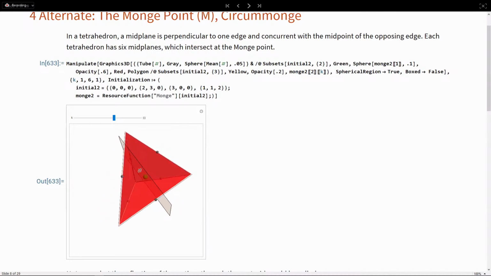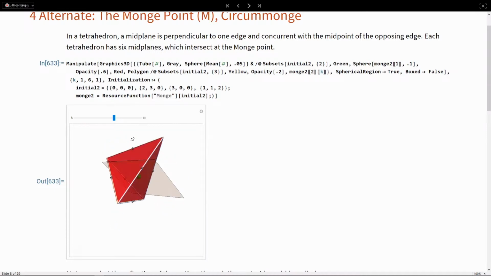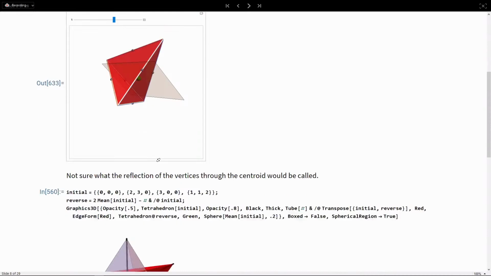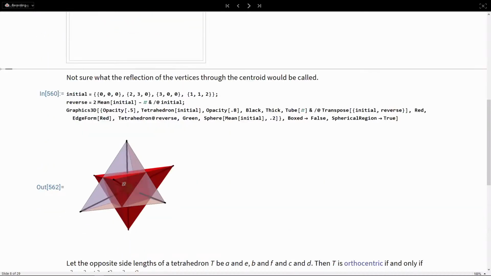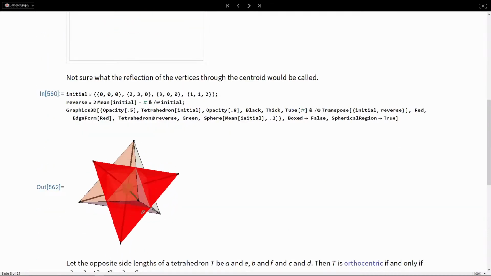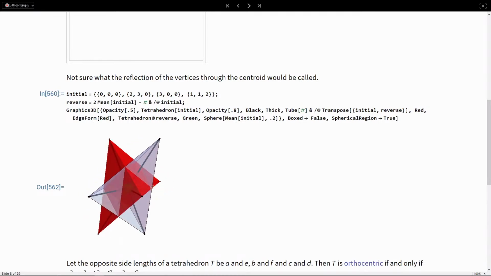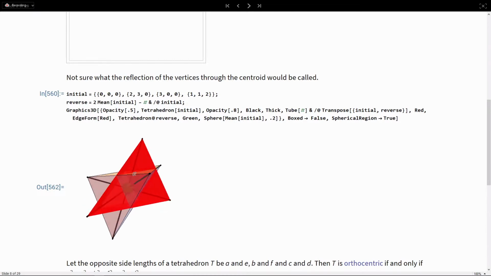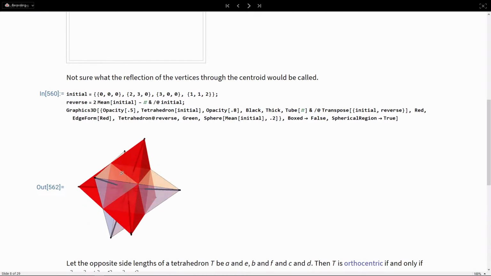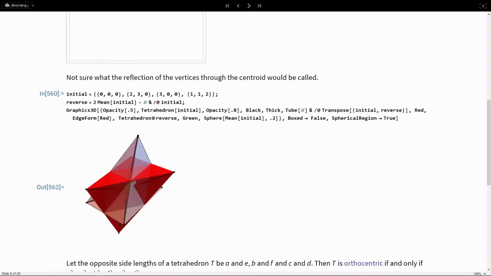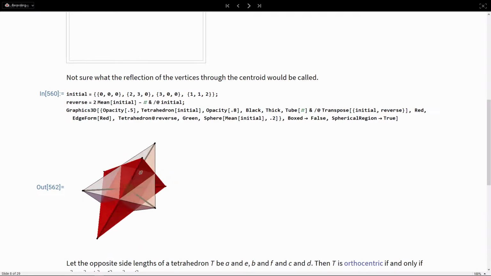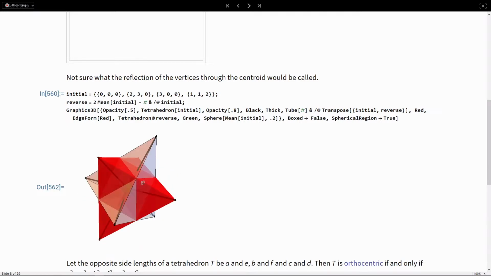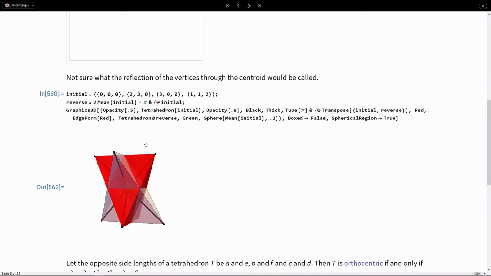So this is considered the 4th important tetrahedron center, the Monge point. If you reflect a tetrahedron by the Monge point, you get this, or reflect by the centroid, you get this attractive figure. I'm not sure what this is supposed to be called, but I'm calling it the negative tetrahedron in the function.